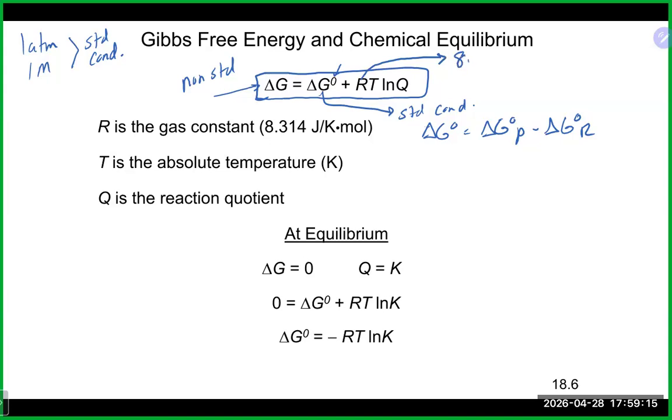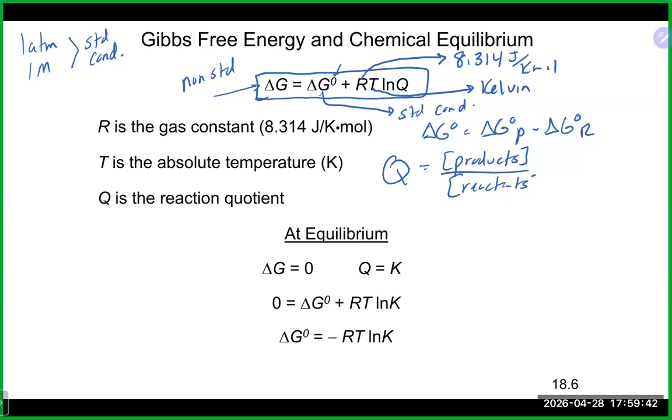This is the one that has energy in it, 8.314 joules per Kelvin per mole. Temperature is in Kelvin. And then our good old friend Q. This Q is no different than all the other times we've seen Q. It is still calculated the same way as we do K. So this is the concentration of our products with our coefficients divided by the concentration of our reactants.